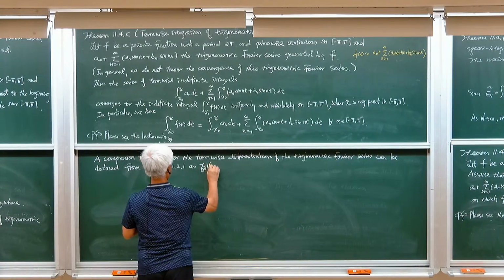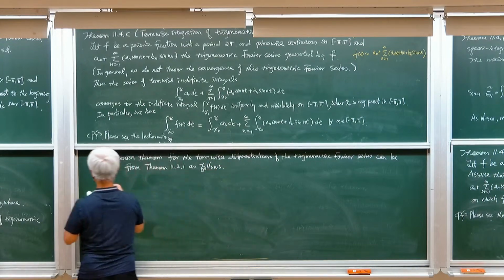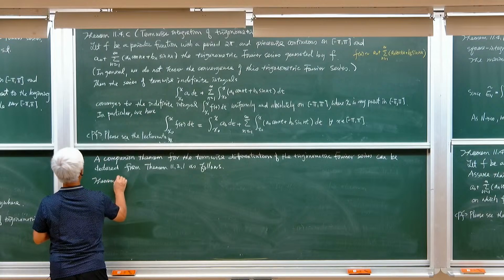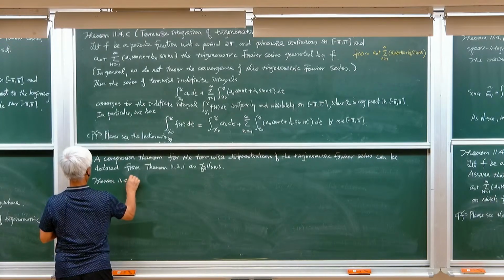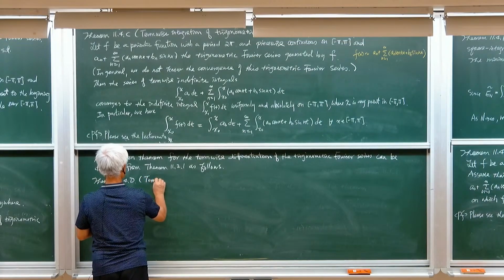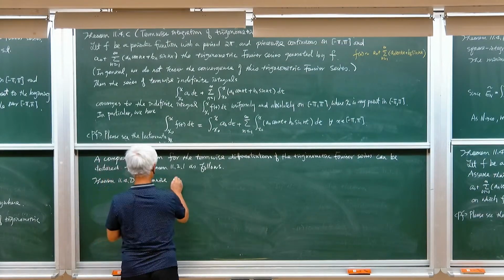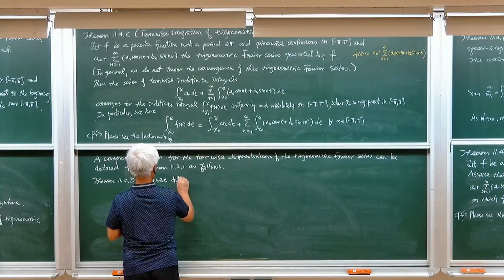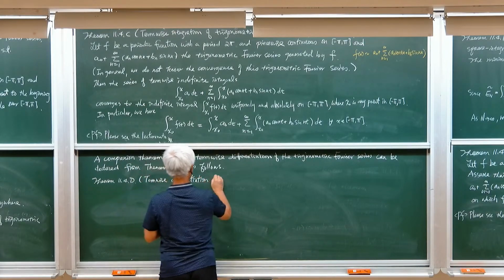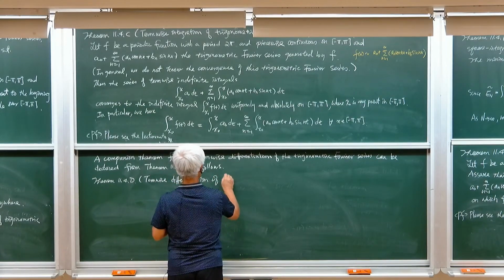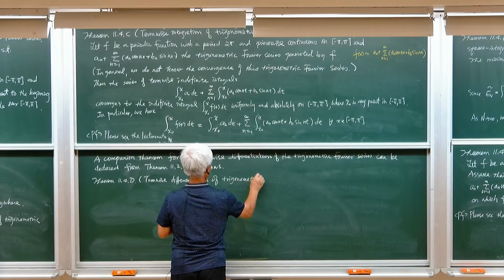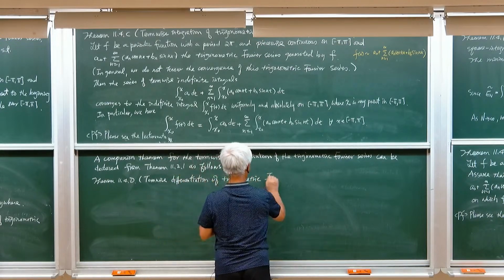Alright, so this is called theorem U1.4.D, termwise differentiation of trigonometric Fourier series.